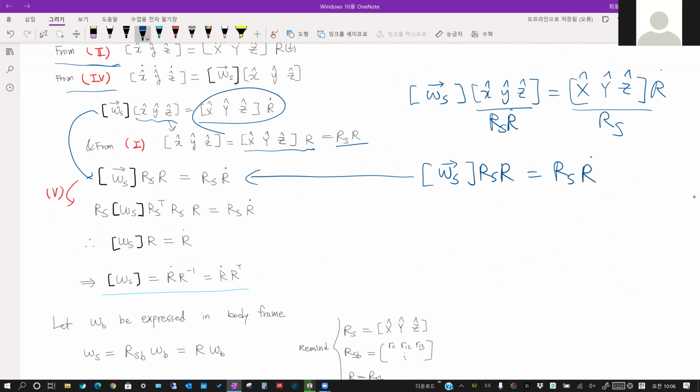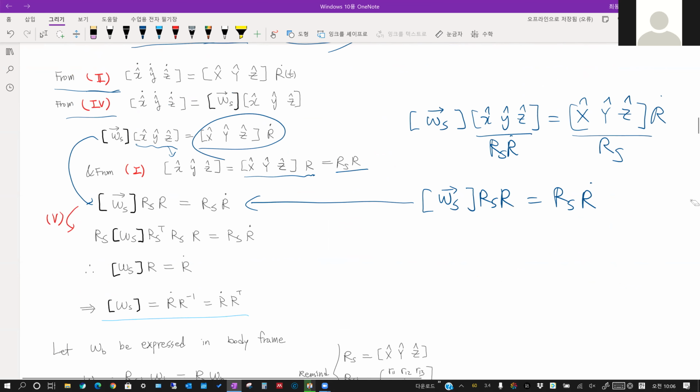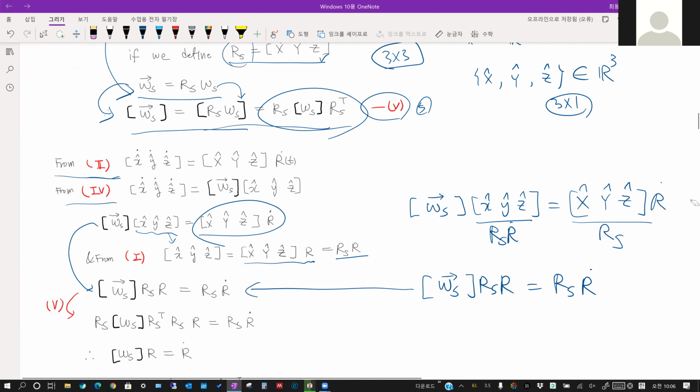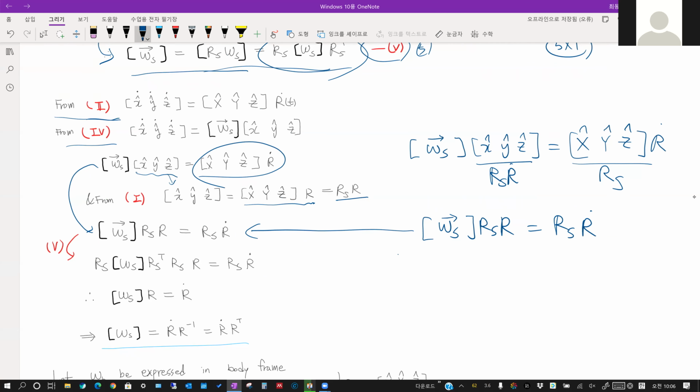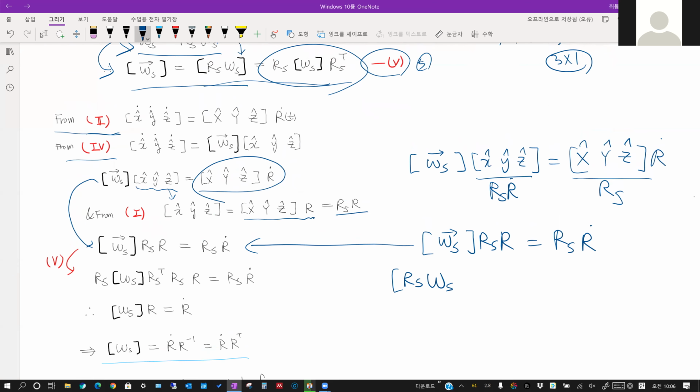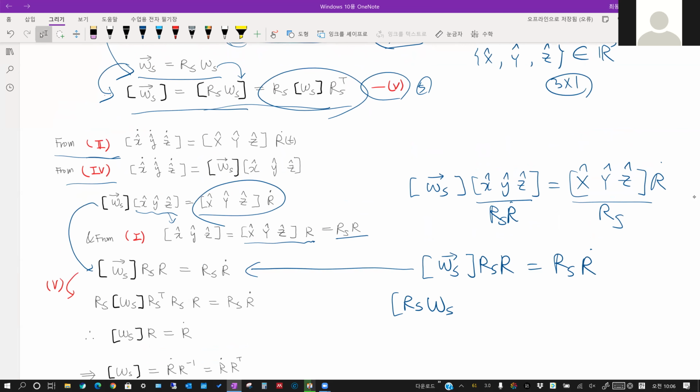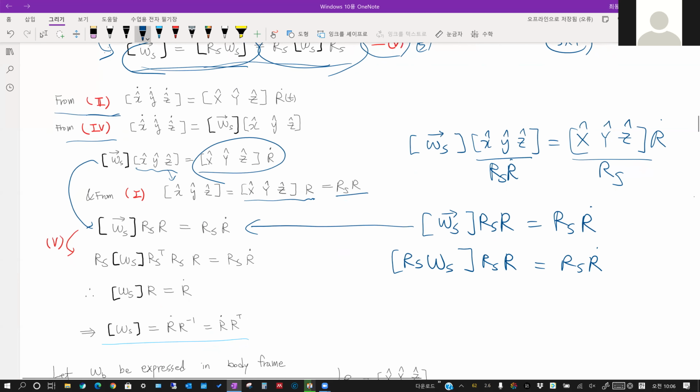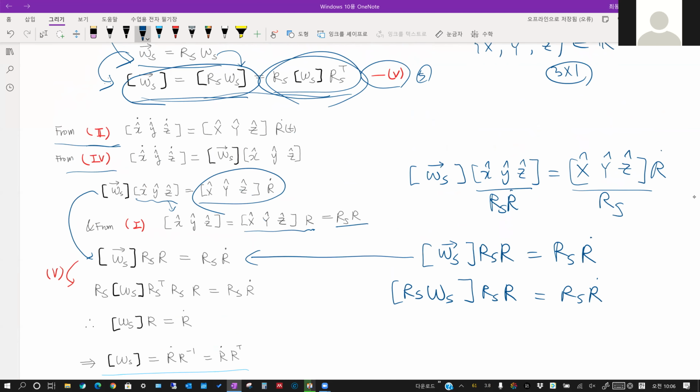And this equation, we can rewrite as R_s omega_s from here and R_s R, and from this equation it becomes R_s omega R_s transpose R_s R equals R_s R dot.